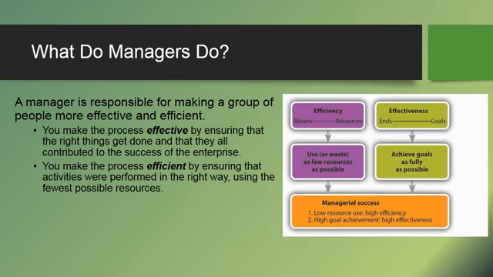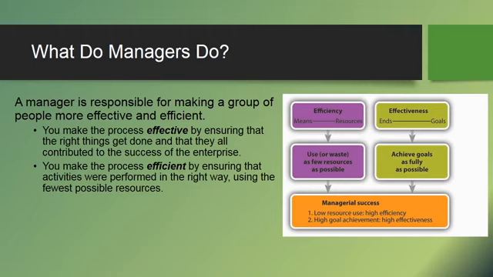You make the process effective by ensuring the right things get done and that they all contributed to the success of the enterprise. So effectiveness is really getting the job done correctly. You make the process efficient by ensuring that activities were performed in the right way using the fewest possible resources.